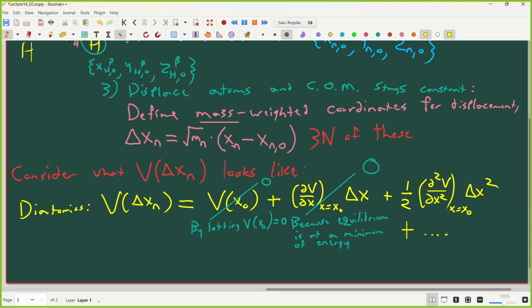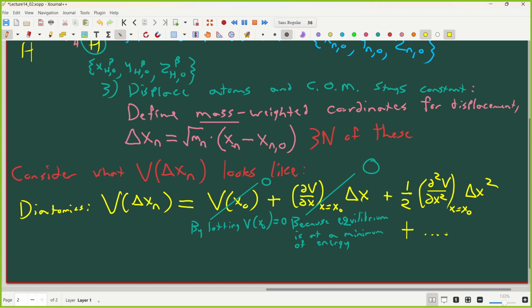Again, this is why we do a harmonic oscillator approximation. If we don't know what the potential looks like for a diatomic, we know that the first major part of the potential, when we vibrate a molecule away from equilibrium, is a quadratic part, one half some number, which is k, x squared. This is just a harmonic oscillator potential.